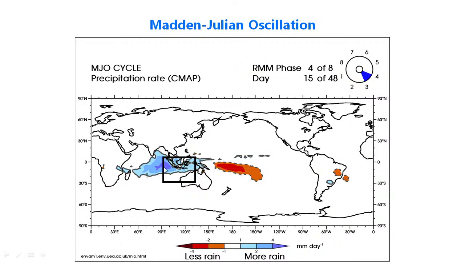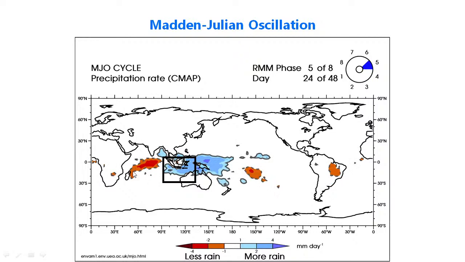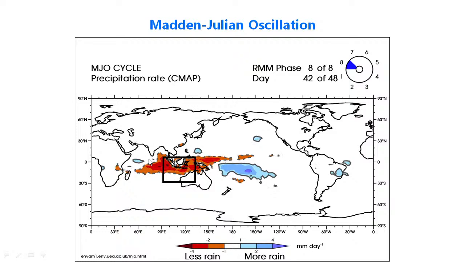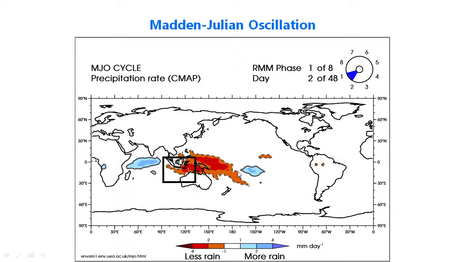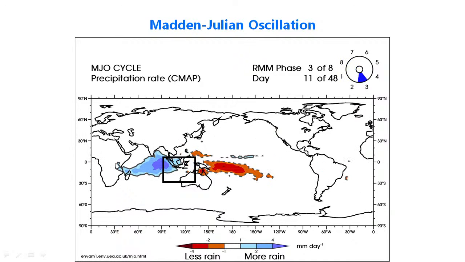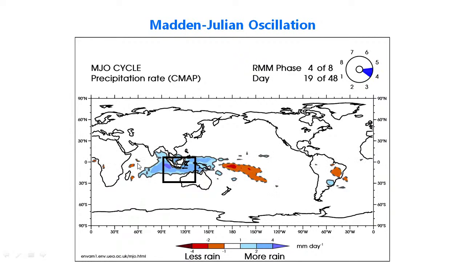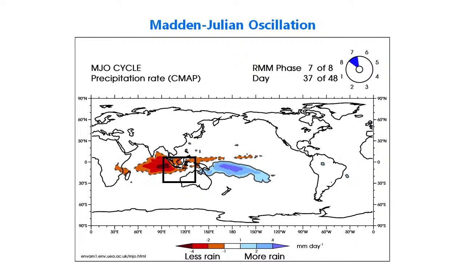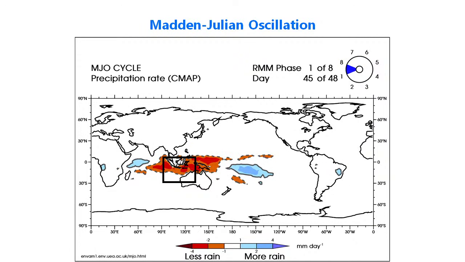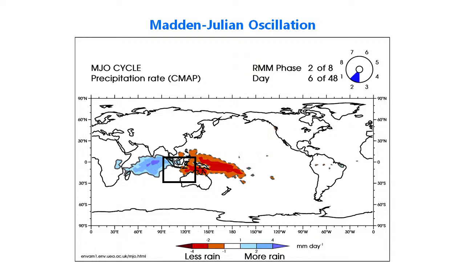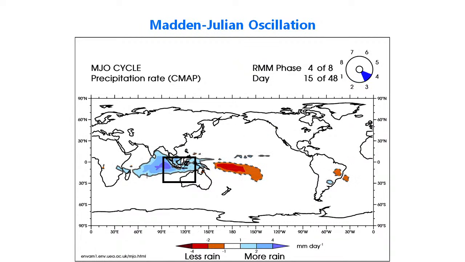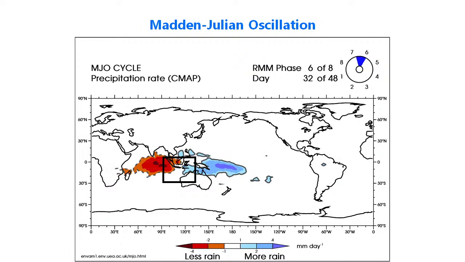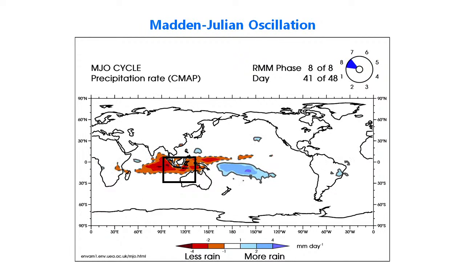The first phase is a patch where the low pressure sits in the western Indian Ocean, then 2 in the central Indian Ocean, and it goes like that, and 8 comes back again to the African continent. And this is how the MJO patch looks. The movement is described by numbers, 1 to 8, called the phases of the MJO, and the magnitude is also represented, based on the OLR or outgoing longwave radiation or the wind forcing.